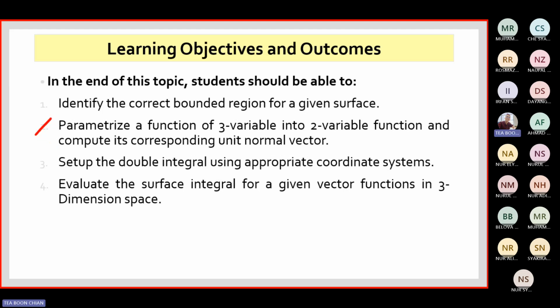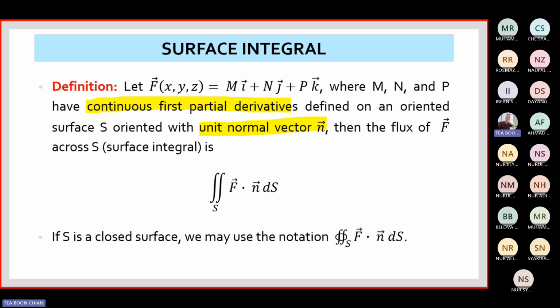By having that, we can plug everything in to compute this flux, the double integral of vector f dot the normal vector n with respect to the surface. Again, since the surface is considered a two-dimensional plane, you use either the rectangular plane or the polar coordinate plane.